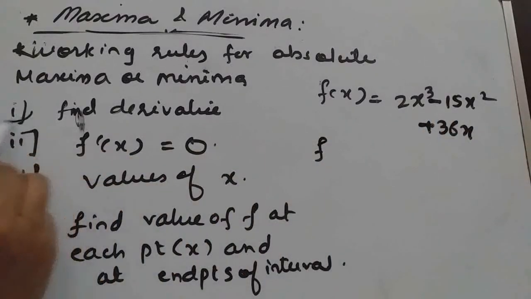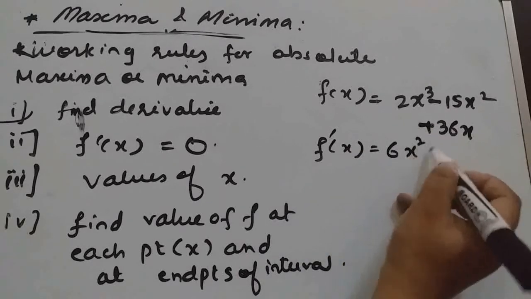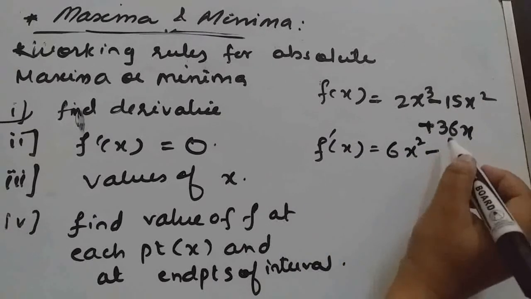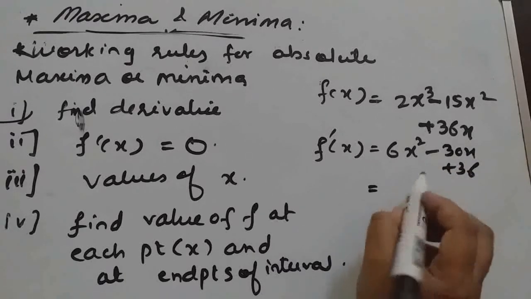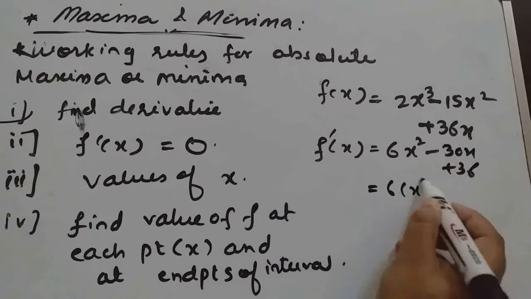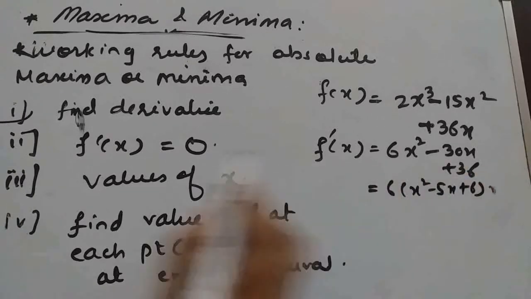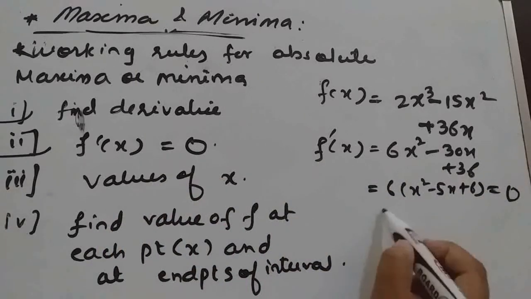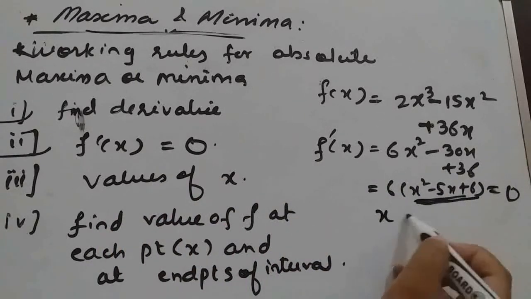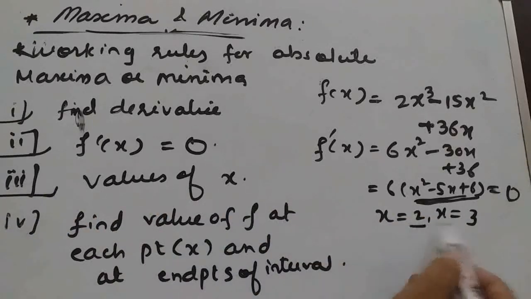So first step, f dash of x is 6x square minus 30x plus 36. So 6 into x square minus 5x plus 6. Second step, substitute equal to 0. We will get x values 2 and 3.